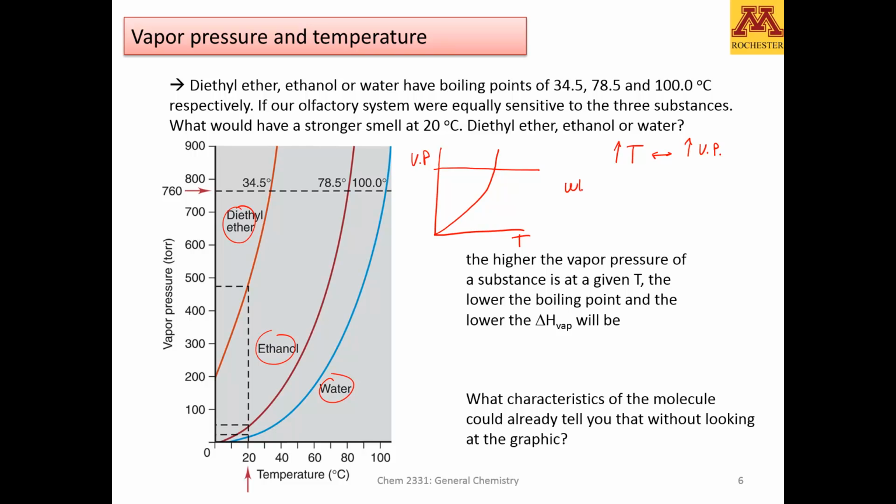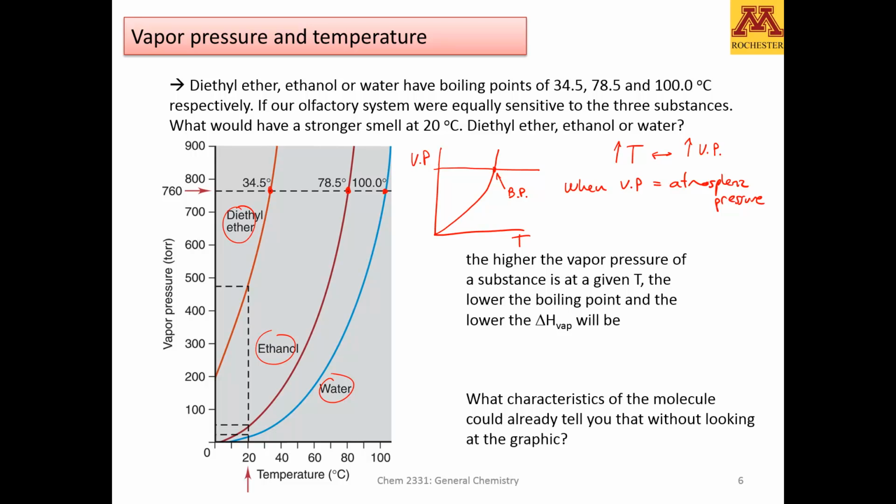That's an important thing to remember: when the vapor pressure is equal to atmospheric pressure, that's when boiling happens. This is why these are the boiling temperatures. So this is the boiling point of that specific liquid.